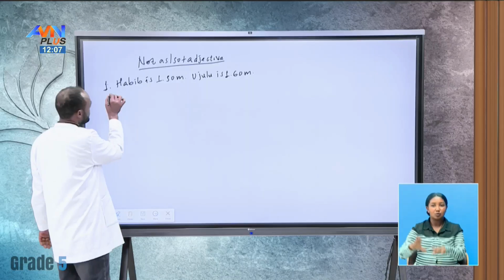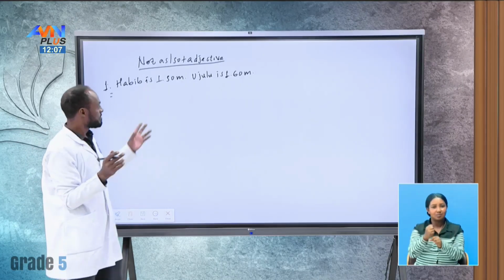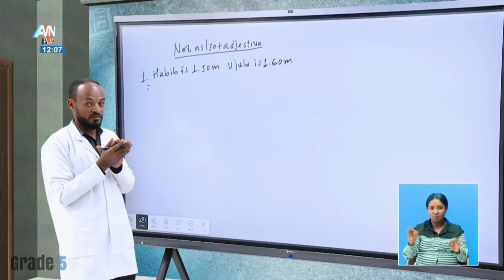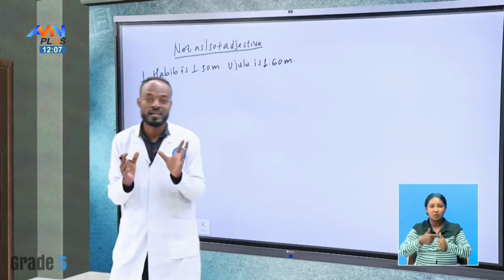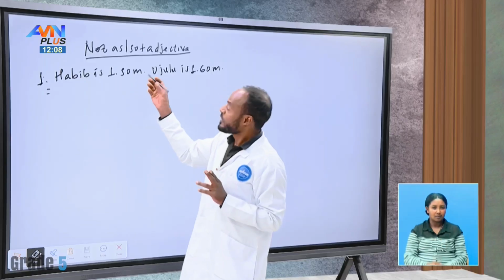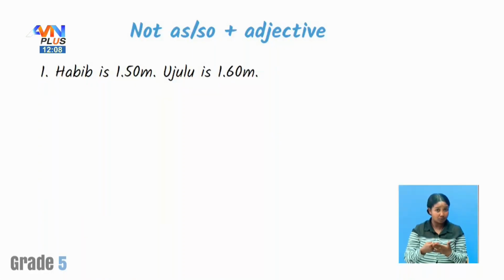Students, now you are going to make the sentences using this structure. In this sentence, which one is adjective? First of all, you have to identify which one is adjective. Yes, we're talking about what? About height.